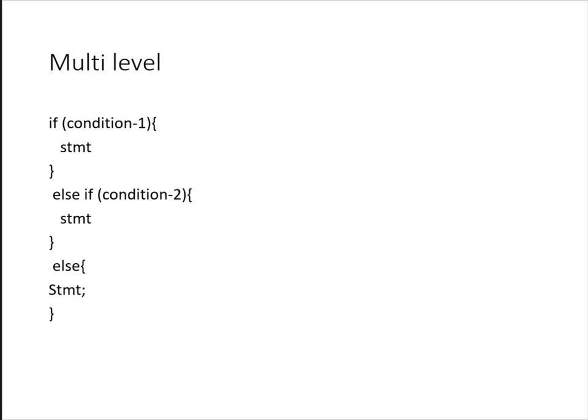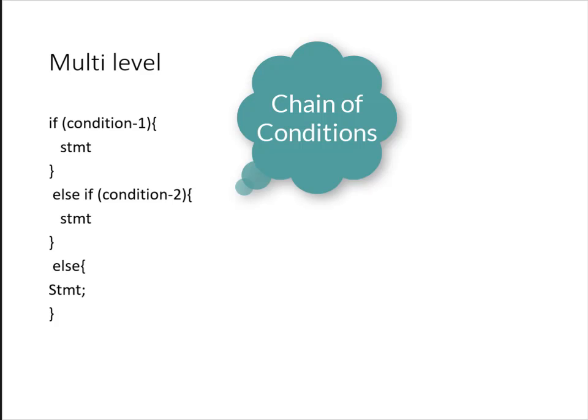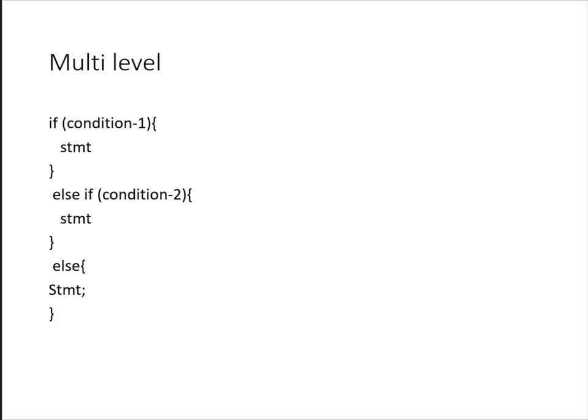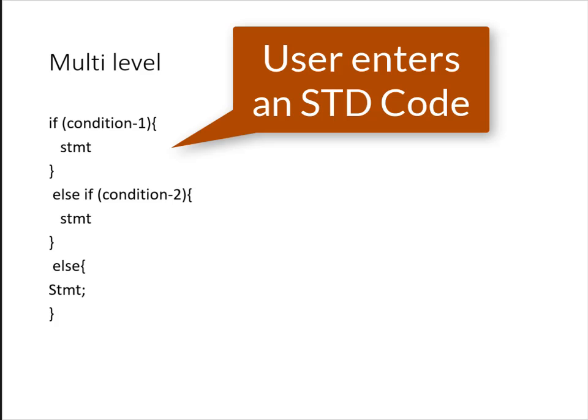One more approach is the multi-level if conditions. This is the expanded manner of if and else, where we can make a chain of conditions: condition 1, condition 2, and that can be repeated any number of times. Let us consider the verification of a multi-level condition with our sample code. The user enters an STD code.